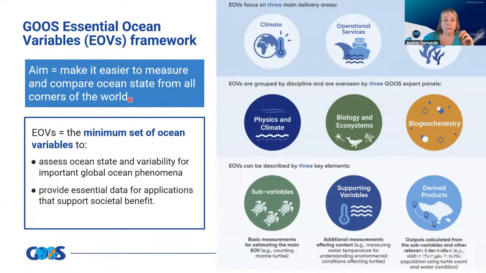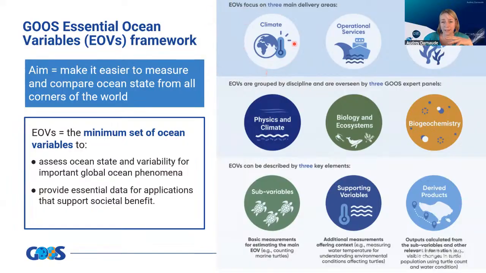And so the EOVs have been defined as the minimum set of ocean variables that is needed to assess ocean state and variability for important global phenomena, but also to provide essential data for applications that support societal benefits in three main delivery areas.